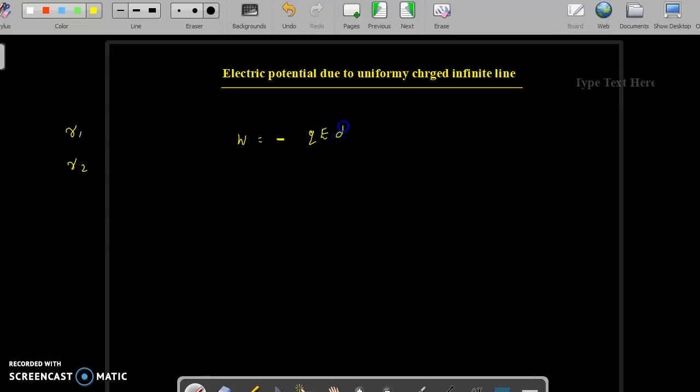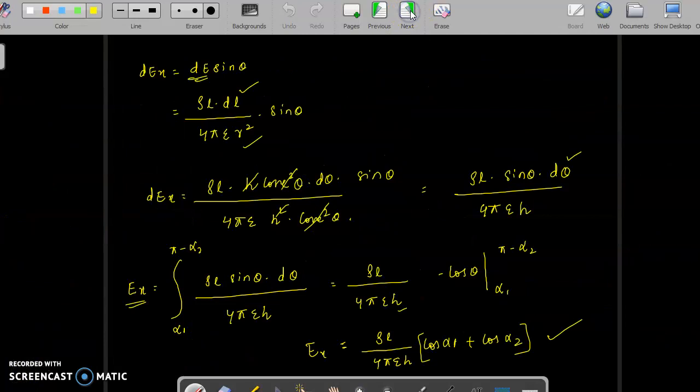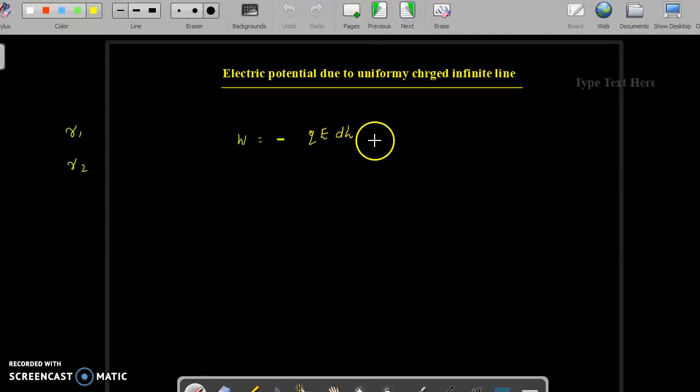The distance is dH, because here we use the parameter h for measuring the distance from this conductor to this point P. So for a small distance we can consider it as dH, a very small distance, approximately 0. We put the minus sign because the work is done against the electric field E.